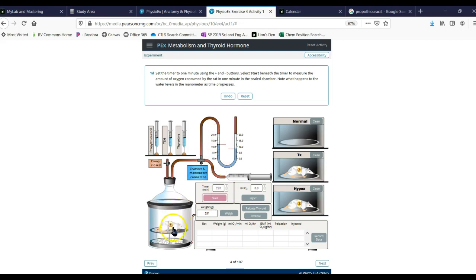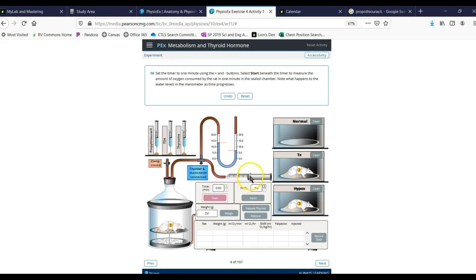You'll notice that this water level here is going up. What's going on here is that the rat is consuming oxygen. It's exhaling CO2, but all of the CO2 is getting bound up in these calcium carbonate rocks. So basically the volume of air inside of this chamber is going down by the volume of oxygen that the rat is consuming.